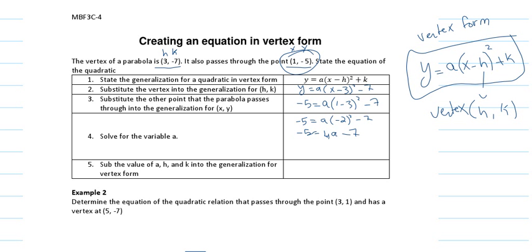The 4? That's the last thing you get rid of. Whatever is with the letter is the last thing you get rid of. You get rid of the negative 7 first. So bringing the negative 7 over, it's going to be plus 7. So that's 2 equals 4a. Therefore, a is equal to 1/2 if I divide by 4.